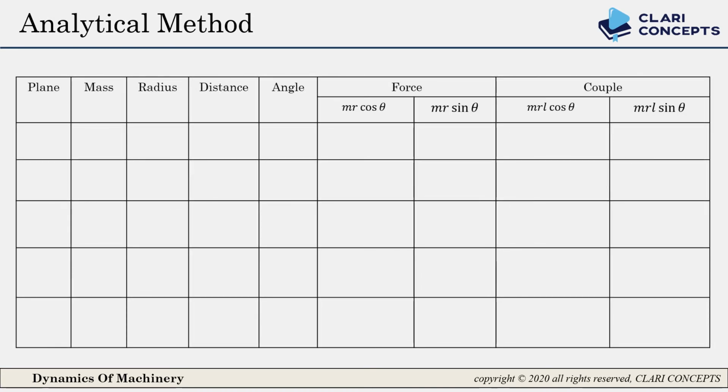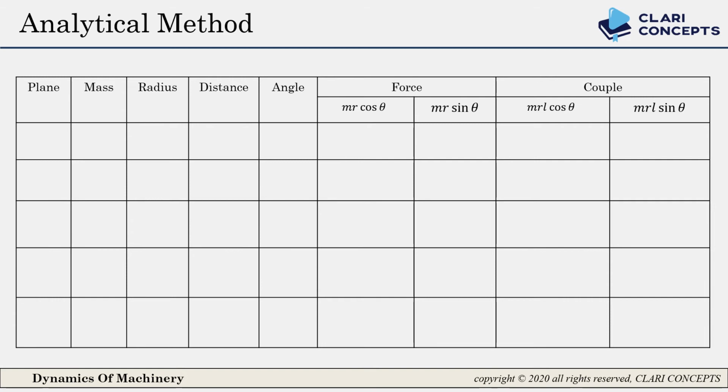I have made one table in which force and couple will be added up, with the cos theta and sin theta components in force, and the cos theta and sin theta terms also included in couple.